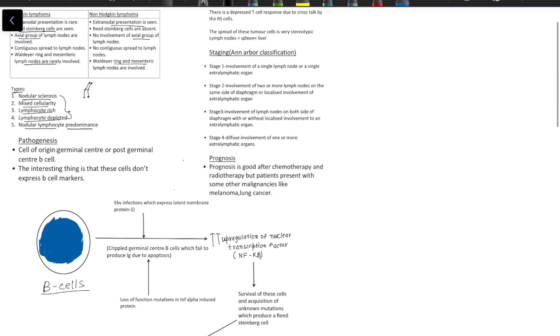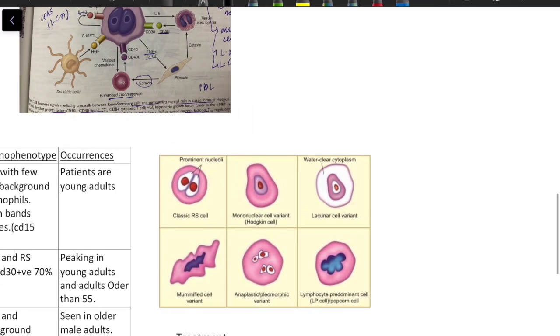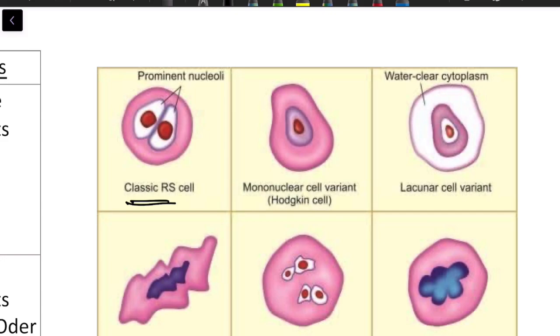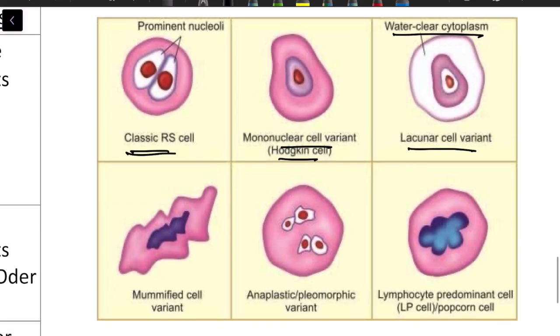Now let us talk about the different types of cells which we see in Hodgkin's lymphoma. Here this is the classic RS cell, where we see a binucleate appearance, also called the owl's eye appearance. Then we see the mononuclear cell, which is also called the Hodgkin cell, and in some types we see the lacunar cell, in which we have water-clear cytoplasm.